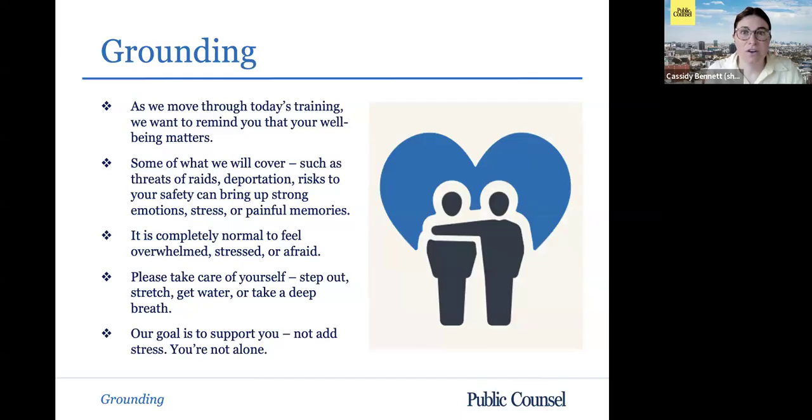So we'd love to start with a grounding. We just want to remind you that as we move through today's training, your well-being matters. Some of what we'll cover, such as the threat of deportation, risks to your safety, to the safety of the families of the kids you work with, can bring up really strong emotions or stress or painful memories.